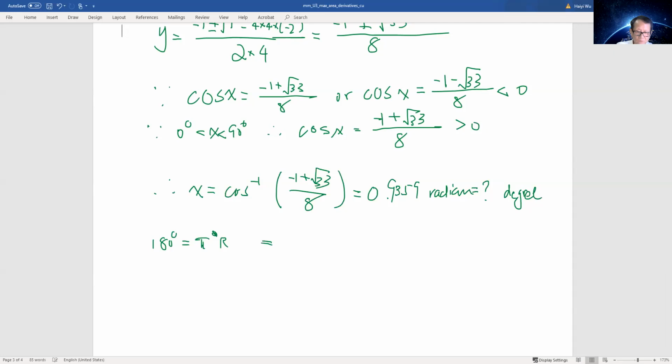Therefore 1 radian is 180 degrees divided by pi. So x will be 0.9359 times 180 degrees divided by pi. Let's work out the angle.